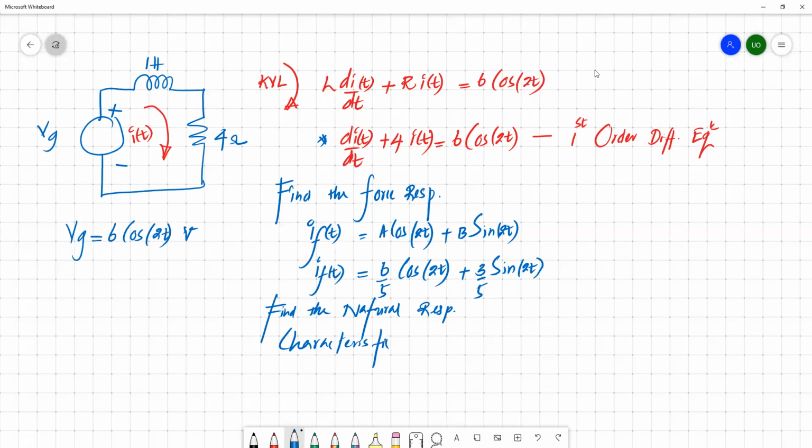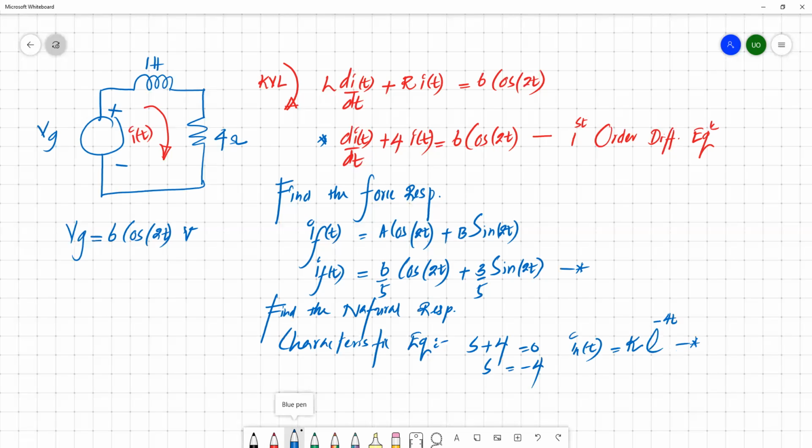The characteristic equation is s plus 4 equals 0, so from this you get s equals minus 4. Then the natural response is a constant times e to the power minus 4t. So this is the natural response and this is the forced response.